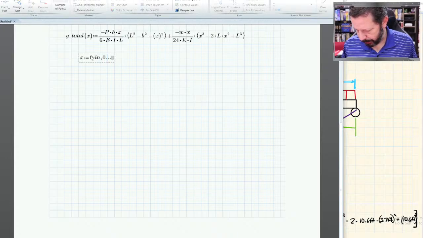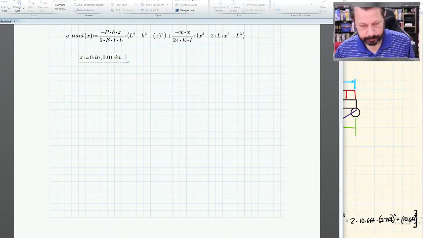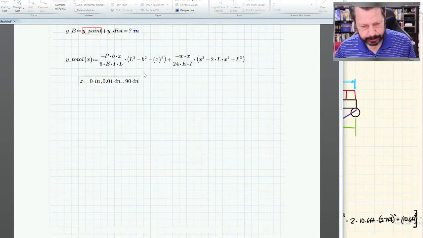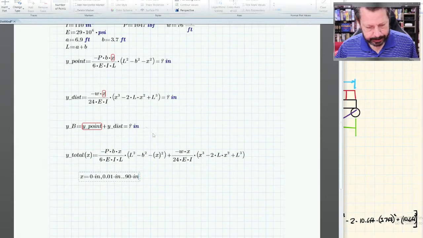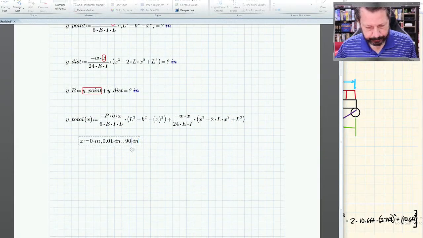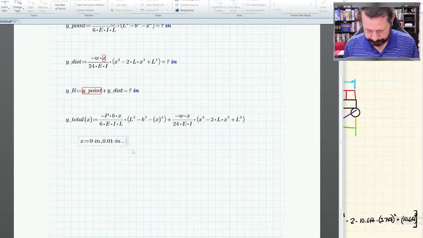Let's do by 0.01 inches. And we've got to go out 90 inches. Well, what is it? It's 6.9 feet is what it has to go to.